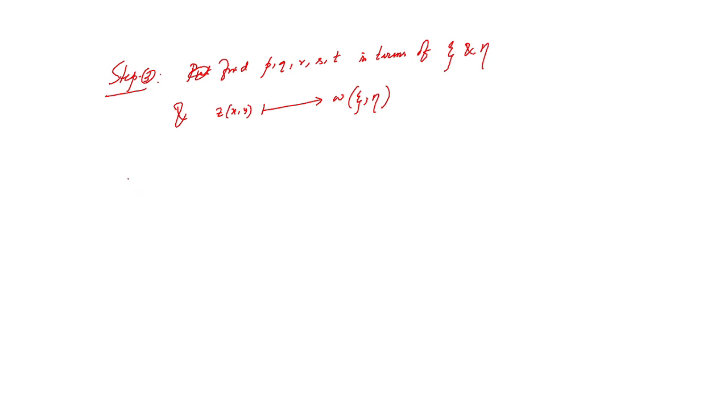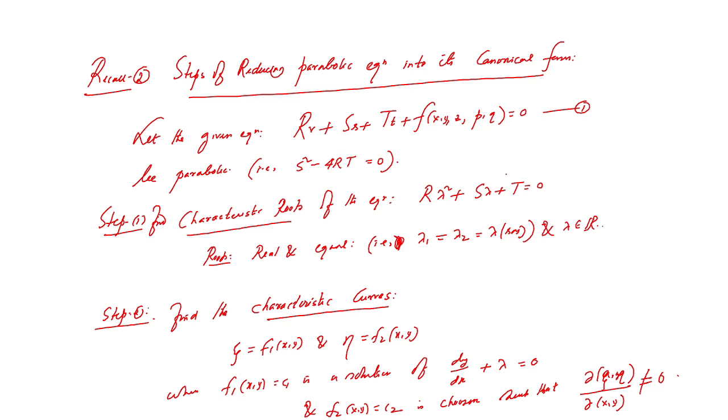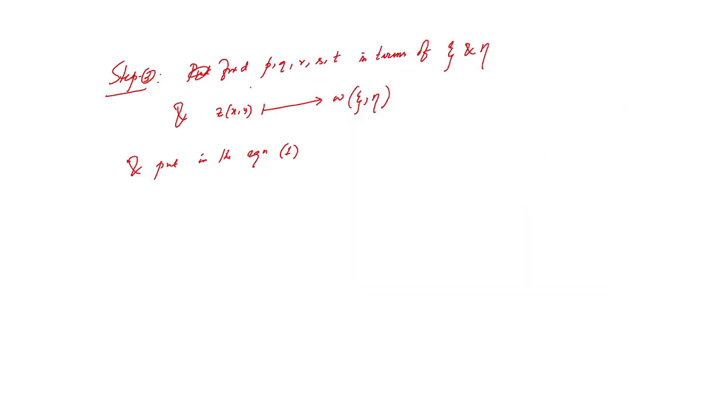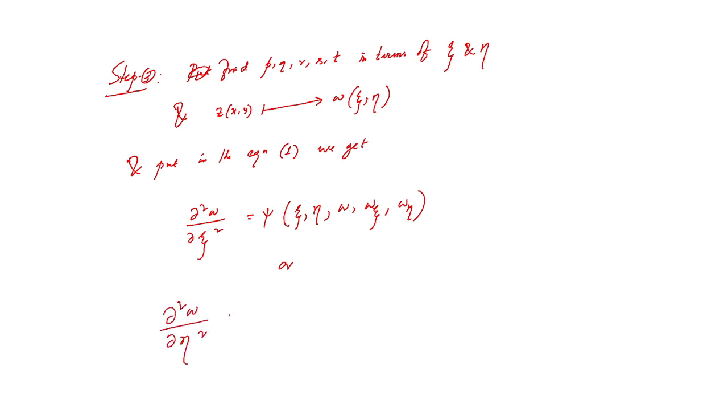And hence we will see the solution and put in the equation 1, and we get either del square omega del xi square equals to some function of xi, eta, omega, omega xi, omega eta, or del square omega del eta square equals to function of xi, eta, omega, omega xi, omega eta.